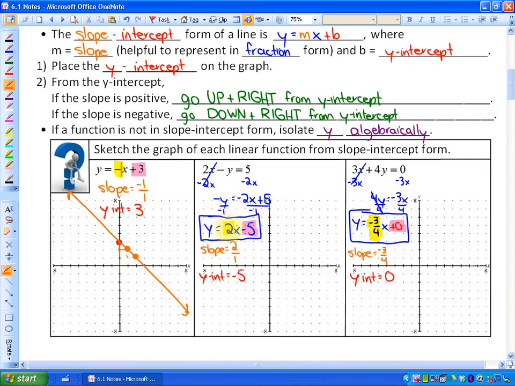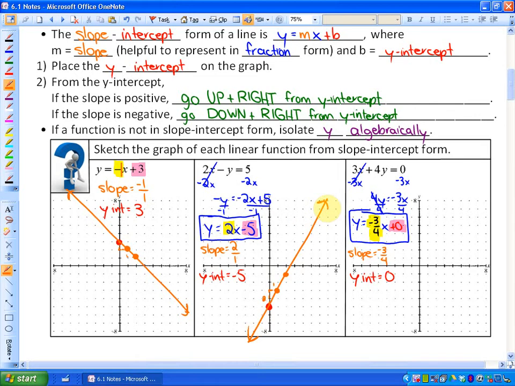The slope here would be the coefficient on x, which is 2, or 2 over 1, and the y-intercept is negative 5. So if I was to graph this, here's negative 5 as my y-intercept, and my slope being positive 2 over 1 would be up and to the right. So you go up 2 and over 1. The numerator is what you're going up, and the denominator is what you're going over. So in this case, that particular graph would look something similar to this.